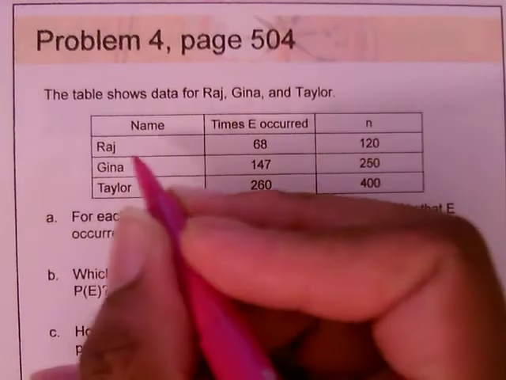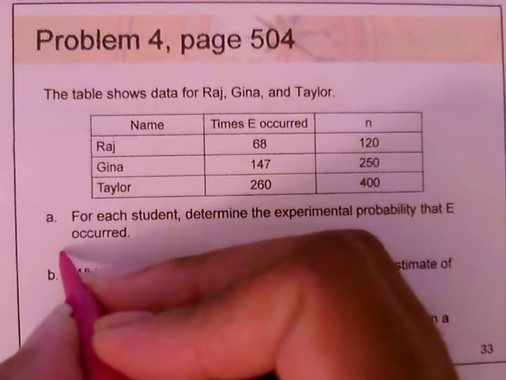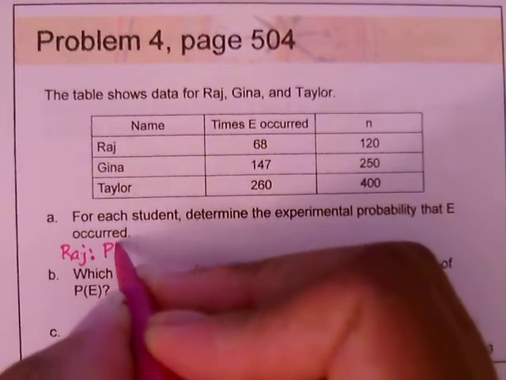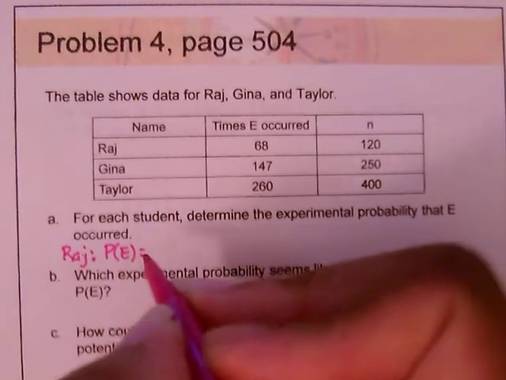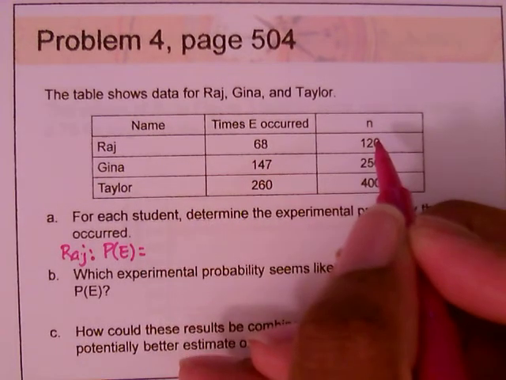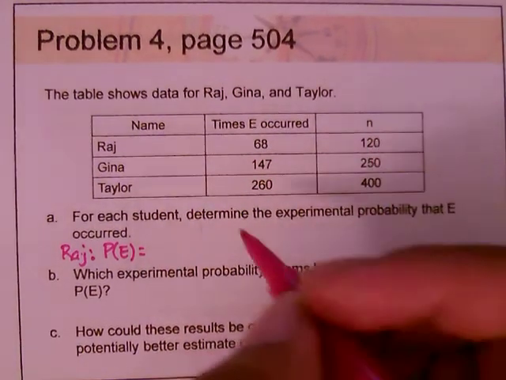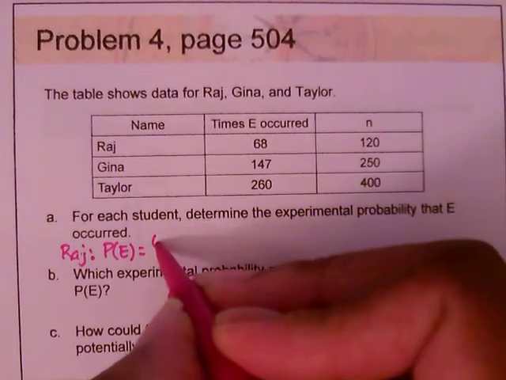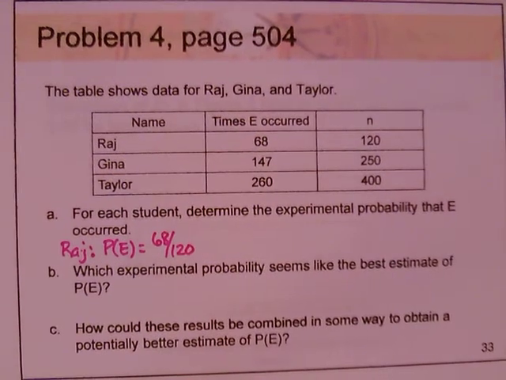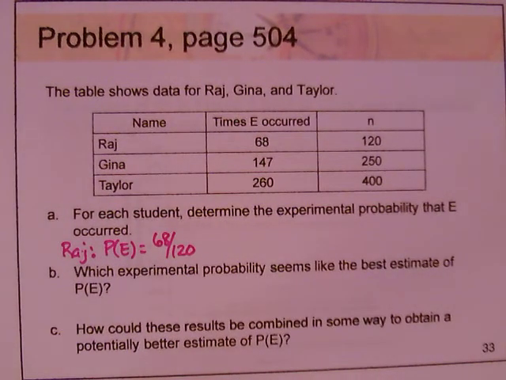So here for Raj, his probability of event E is this, as a fraction. The number of times E occurred is 68 out of 120. So if he tossed a coin, for example, and wanted to find out the number of tails, he got tails 68 times out of 120 tosses. It could be anything.